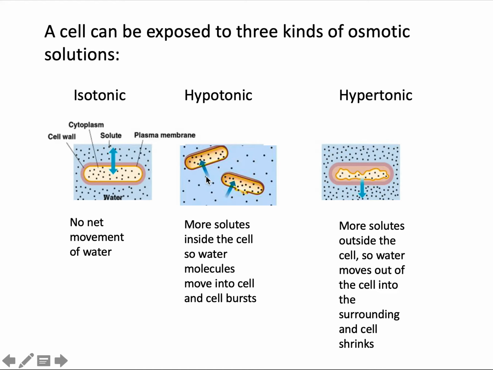Then there's hypertonic solution, where a cell is placed in an environment where there's more solutes outside the cell than inside the cell. There's more water inside the cell than outside. So water molecules will move from a region of high water concentration to a region of low water concentration. And that will result in the cell shrinking because it loses water, becoming what we call plasmolyzed.